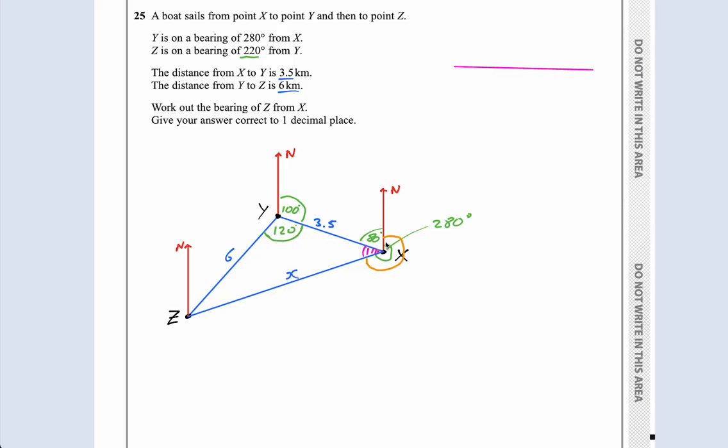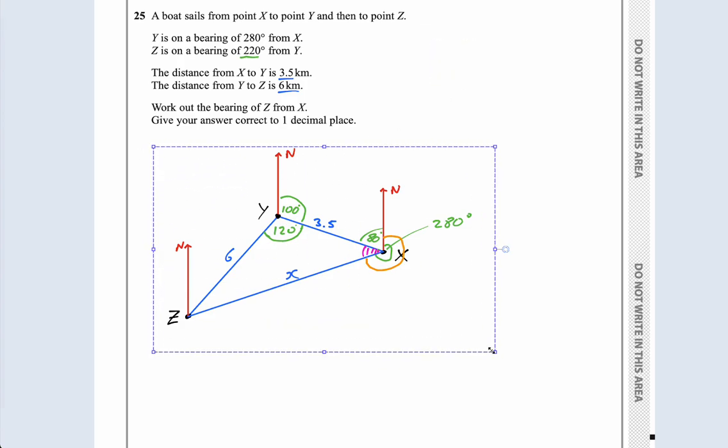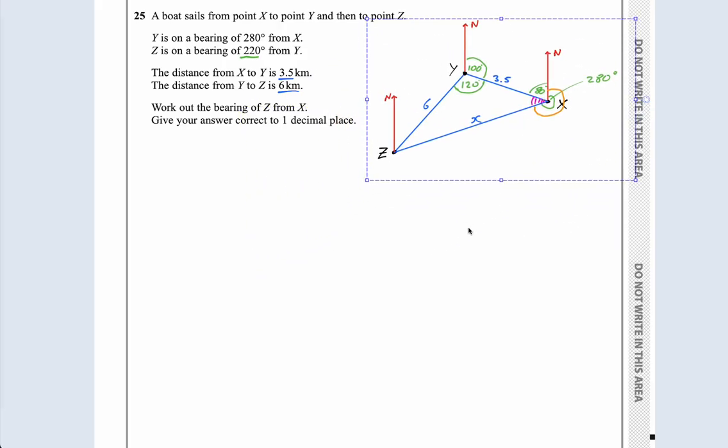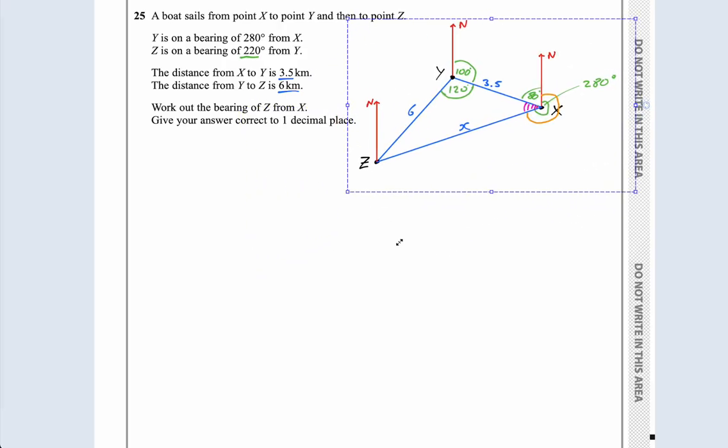How can I get x? Well, I can get it using the cosine rule. So let's do just that. I am going to delete that, make this a little bit smaller, and put it there. Okay, so I'm going to get x using the cosine rule.